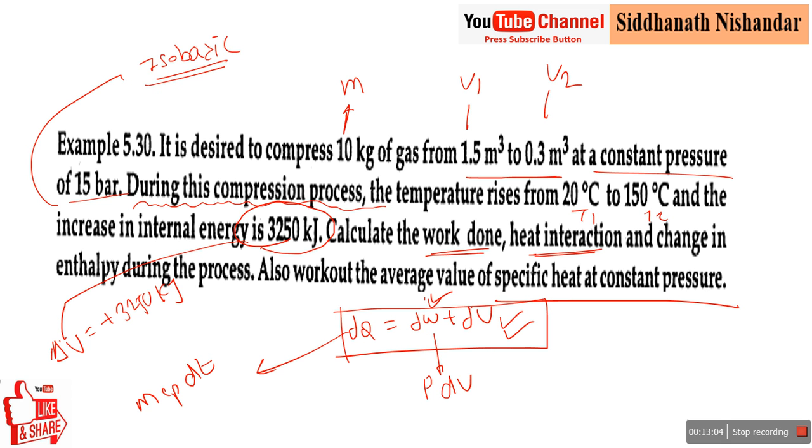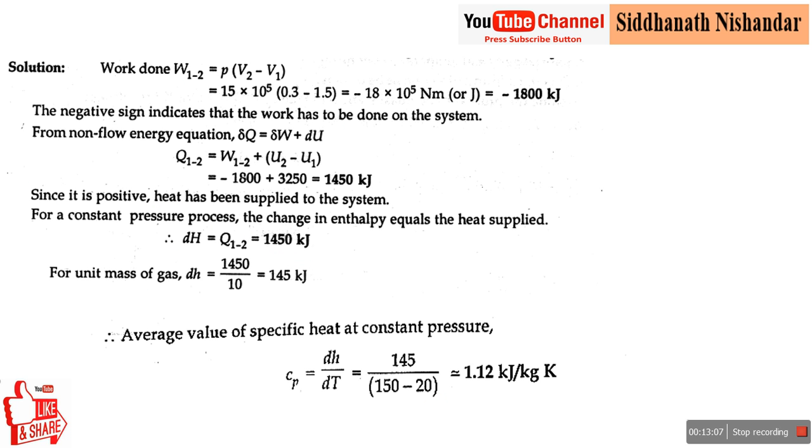See how we solve it now. I told you to first calculate work done. We get the answer negative, which indicates work is done on the system, because we are compressing the gas here.